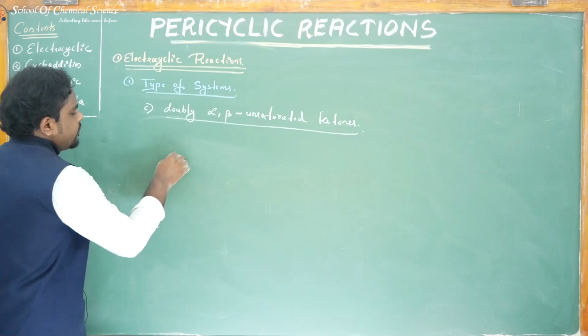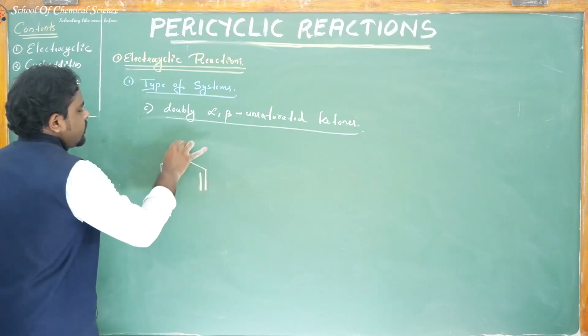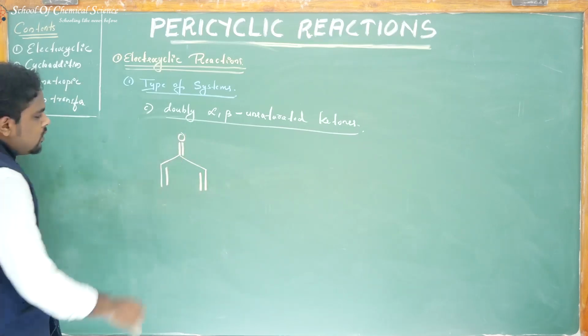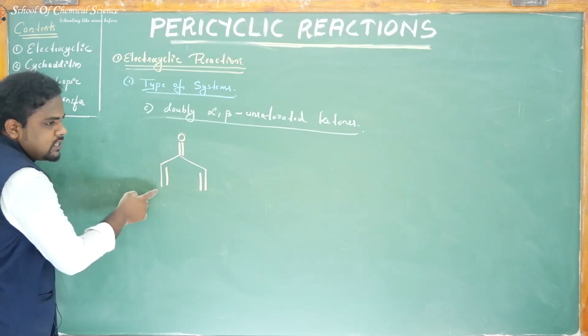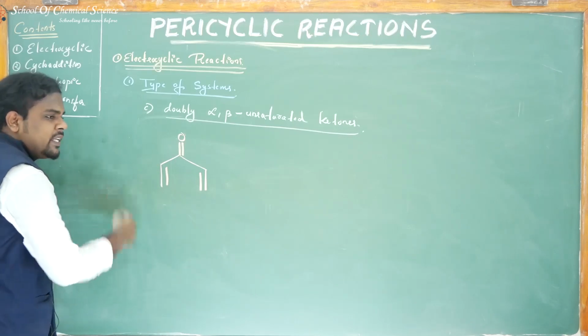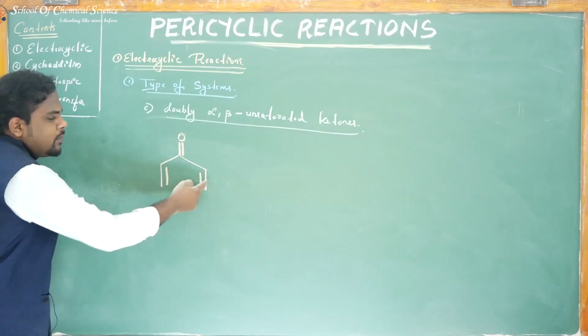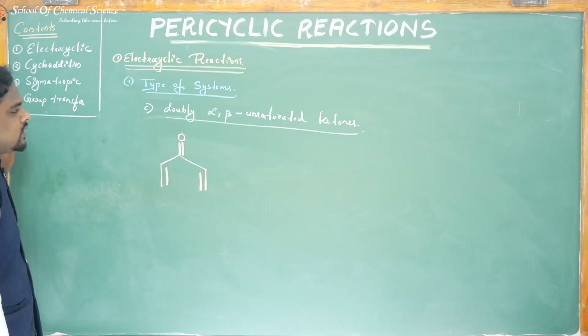For example, this is a ketone, C double bond O. This is the alpha carbon and beta carbon. In alpha and beta there is unsaturation. So this is an alpha beta unsaturated ketone, doubly alpha beta unsaturated ketone, because 2 double bonds are there.